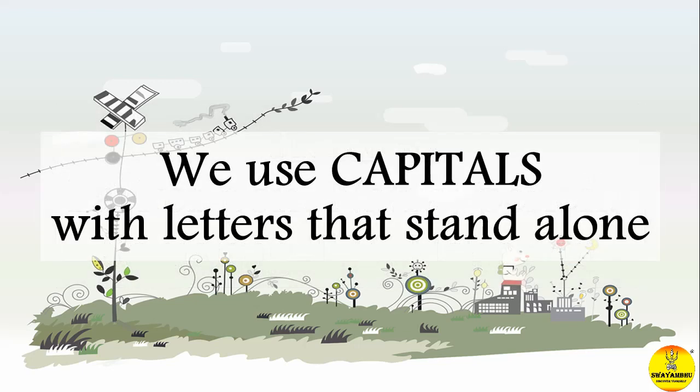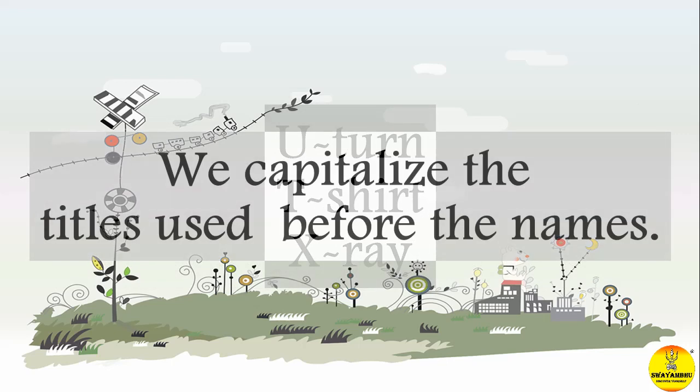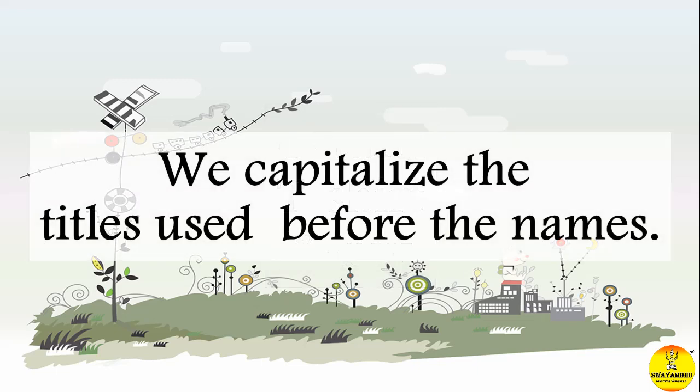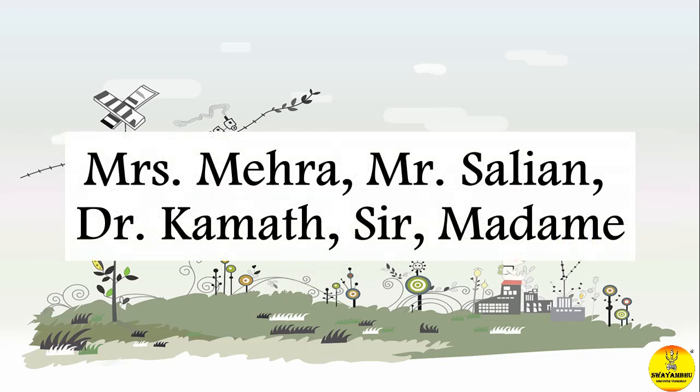We use capitals with letters that stand alone, as in U-turn, T-shirt, X-ray. Also, we capitalize the titles used before the names, as in Mrs. Mehra, Mr. Salian, Dr. Kamath, Sir, Madam.